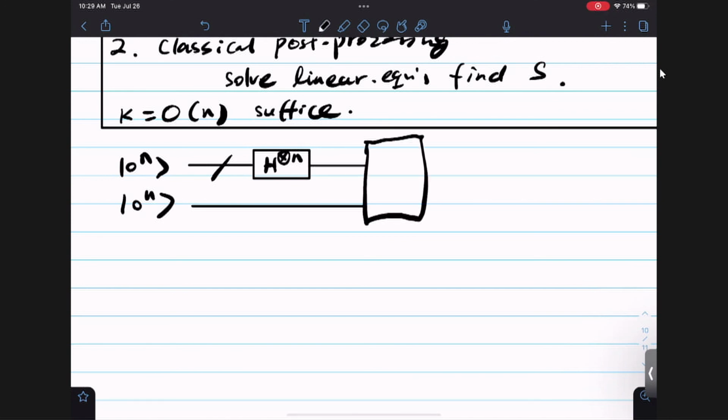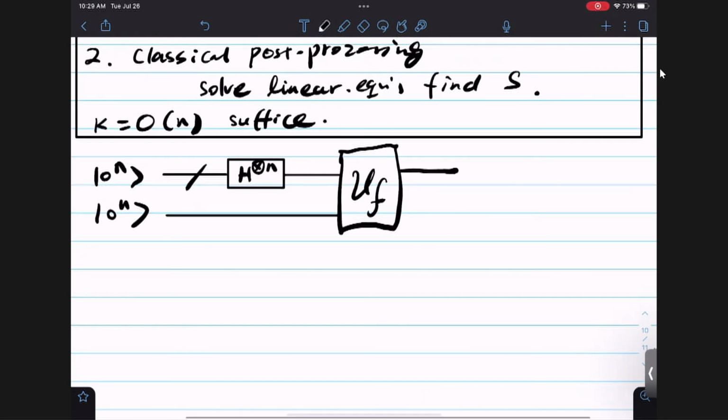And then, well, the natural choice is to query this unitary function. And what do you want to do next? This is not a trick question. Really, the first thing you can think of.